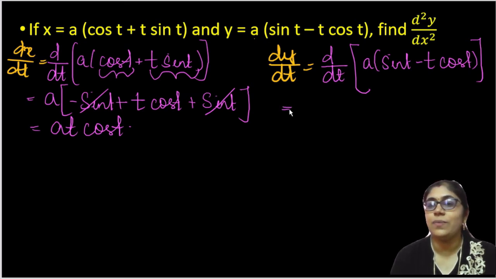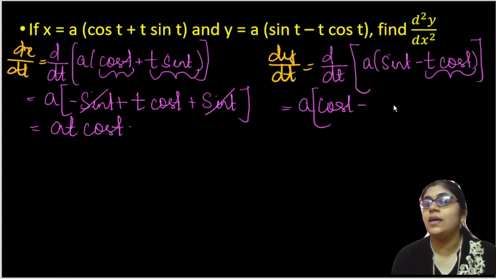So this is equal to a, you can bring it outside, the derivative of sin t is cos t and minus t cos t. So cos t minus cos t, and plus minus of t sin t.